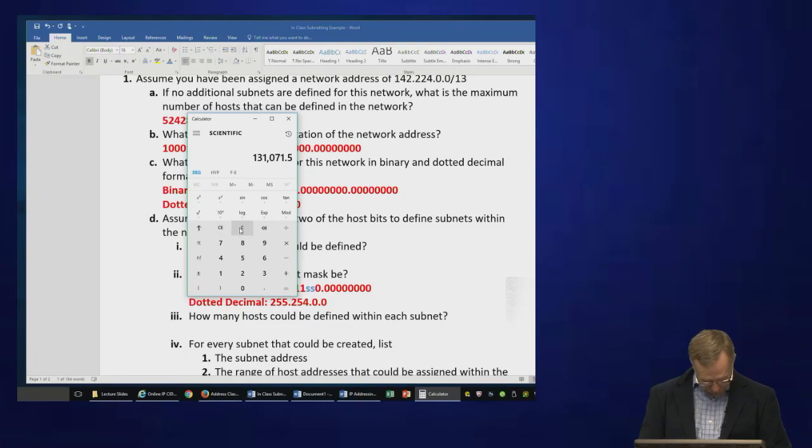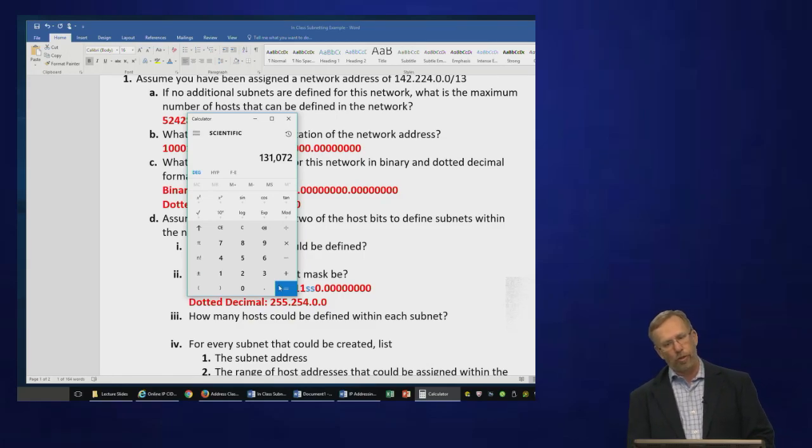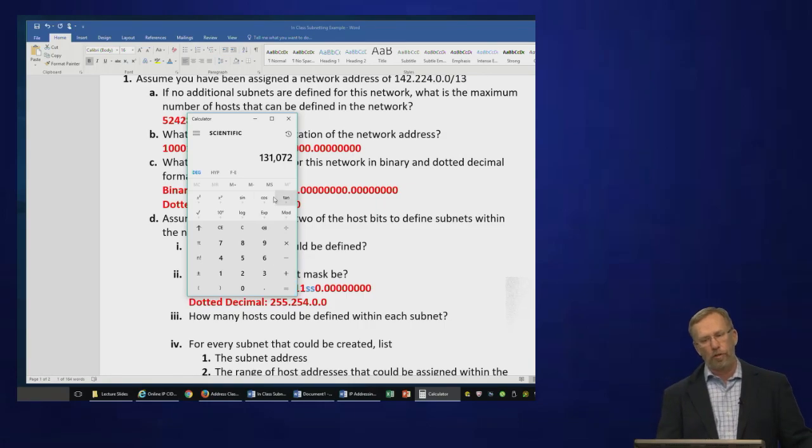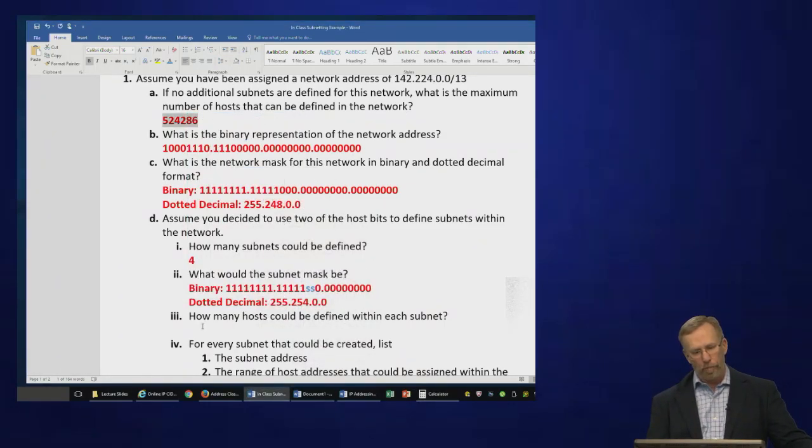We're going to do 524,288 divided by 4 equals 131,072, and then we take 2 off of each of the subnets. So the answer would be 131,070 for each subnet.